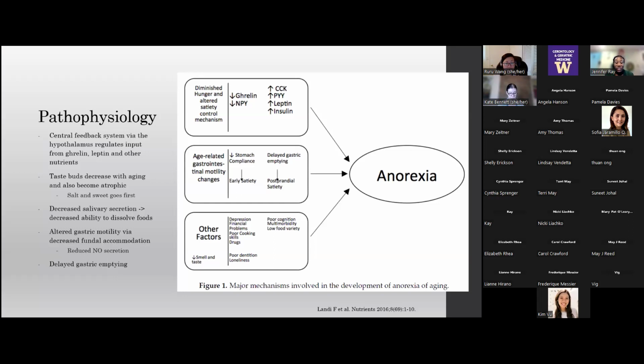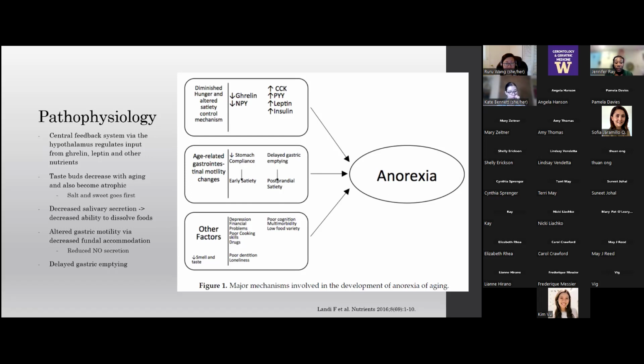Taste buds actually decrease as we get older and become atrophic. We lose salt and sweet first, which would make me very sad because those are my favorites. We also have decreased salivary secretion as we get older, which leads to decreased ability to dissolve foods, which can affect their want to eat.